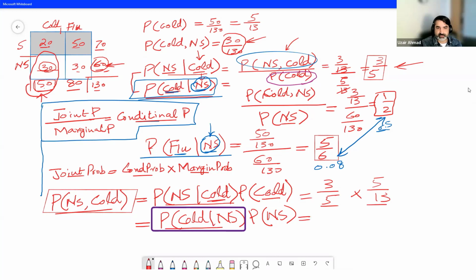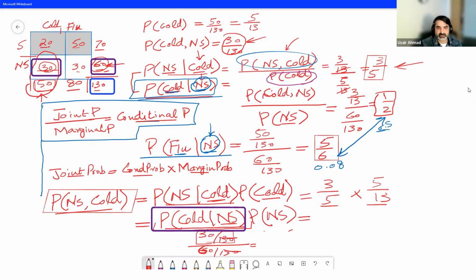In this number, cold given that the person is not sneezing, to figure out the conditional, we say joint, which is 30 by 130, divided by marginal of not sneezing, which is 60 by 130.